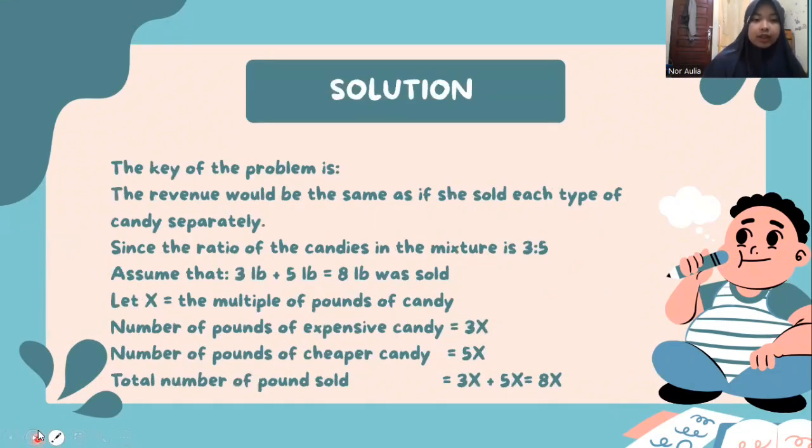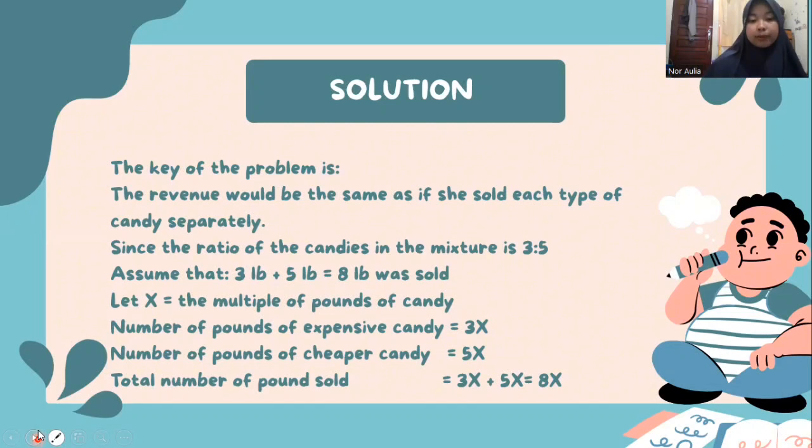The solution: the key of the problem is that the revenue would be the same as if she sold each type of candy separately, since the ratio of the candies in the mixture is 3 to 5. So 3 plus 5 equals 8 parts sold. Let x equal the multiplier of pounds of candy. Pounds of expensive candy is 3x, and pounds of cheaper candy is 5x.